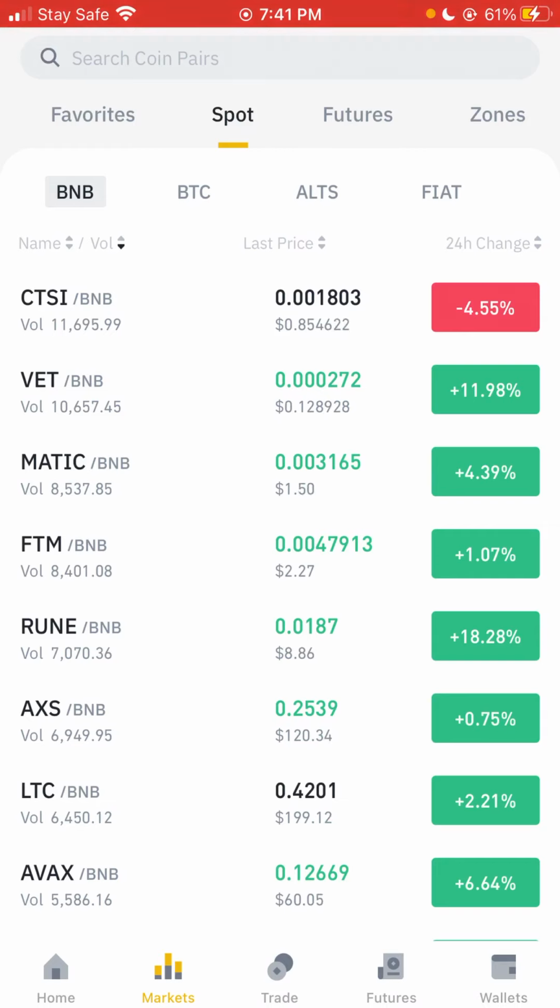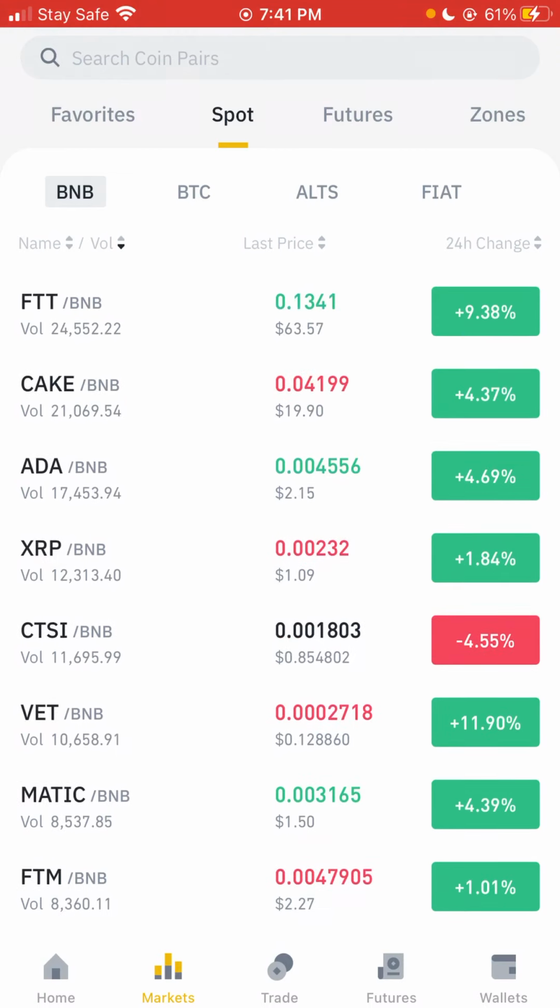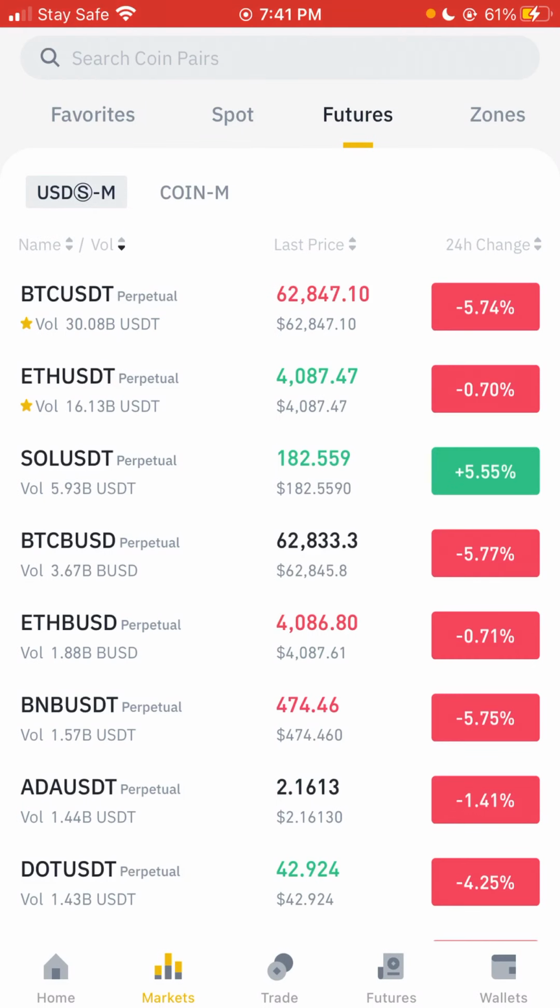If that coin gets back to its normal price or higher tomorrow and you sell at that stage, then you have your profit or you break even. I hope you understand that. Futures, on the other hand, is like trading forex. And today's class is all about futures, so I will go to it straight.